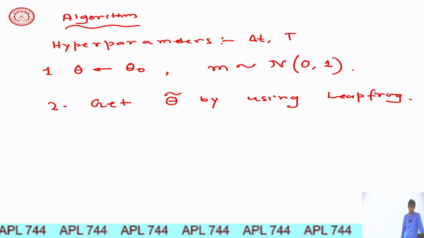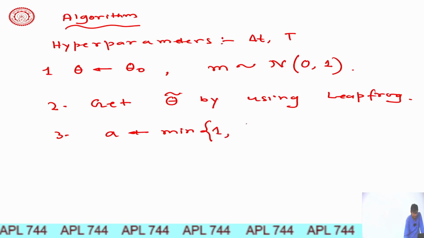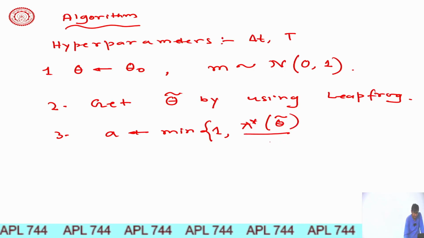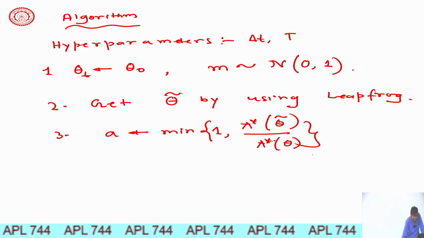Okay. Then calculate A, which is minimum of 1, pi star of theta tilde by pi star of theta. Or let me call it theta t plus 1, theta t. This is theta t.